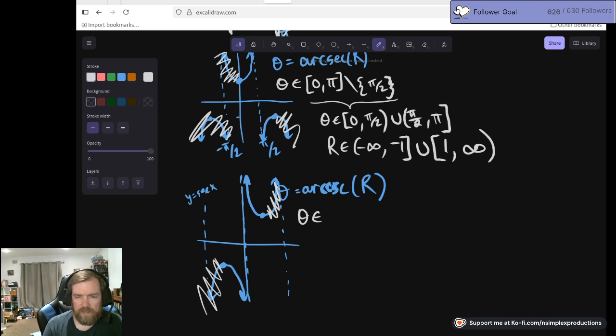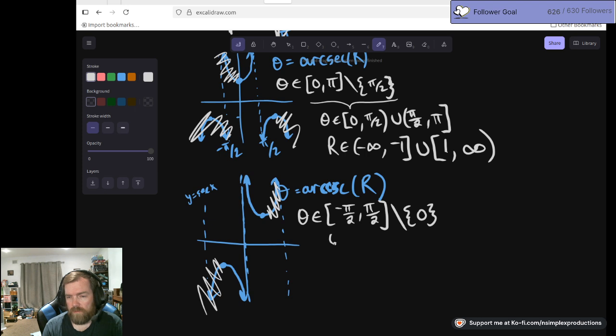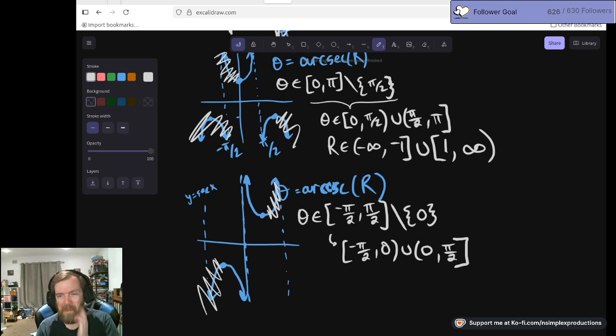So our theta is going to be, and again, we could do this as bracket negative pi over 2 to pi over 2, except 0, or bracket negative pi over 2 up to 0 open, union open 0 up to positive pi over 2, inclusive.